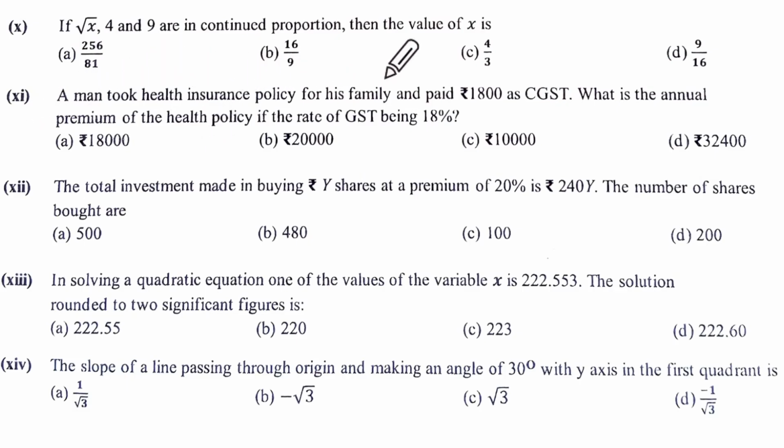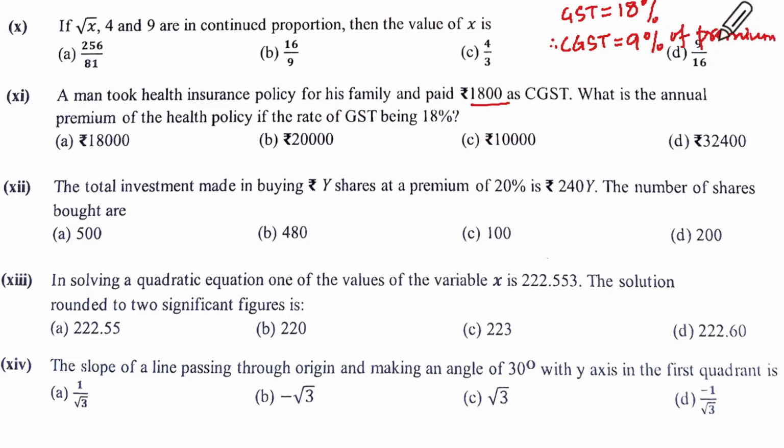A man took a health insurance policy for his family and paid 1800 as CGST. What is the annual premium of the health policy if the rate of GST paid was 18%? So your thinking step will be: GST is 18%, therefore CGST, I will show in detail steps, will be 9%. Agreed? So 9% of the premium.